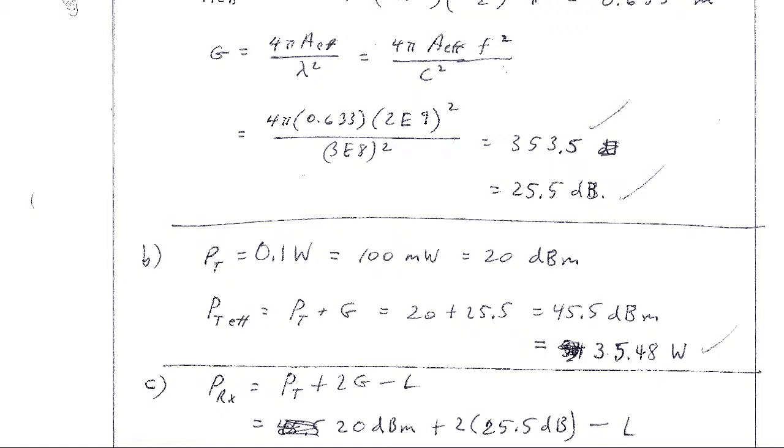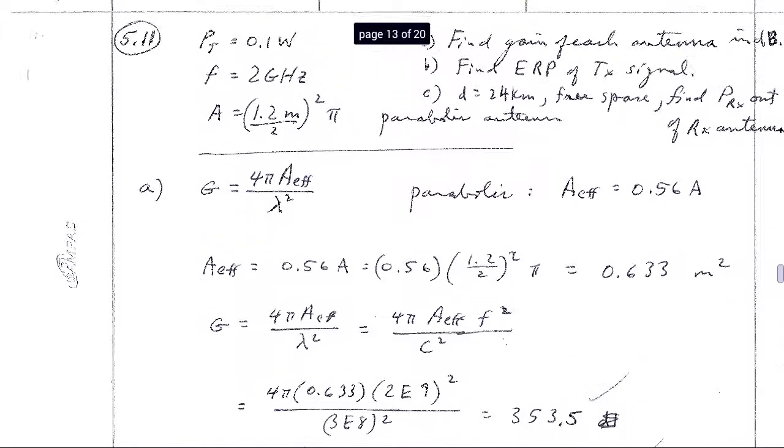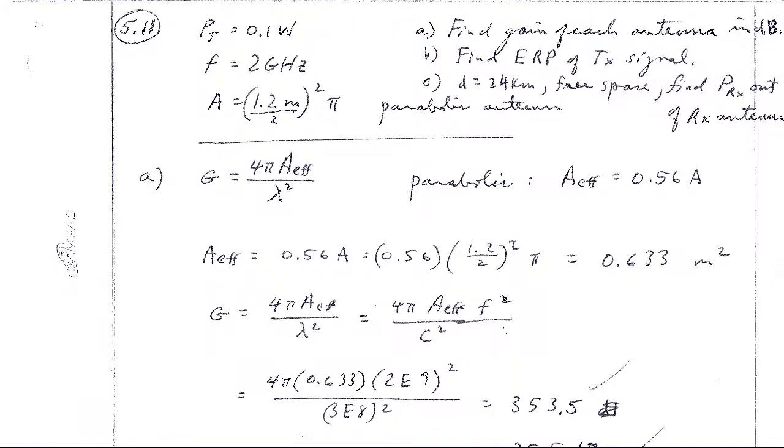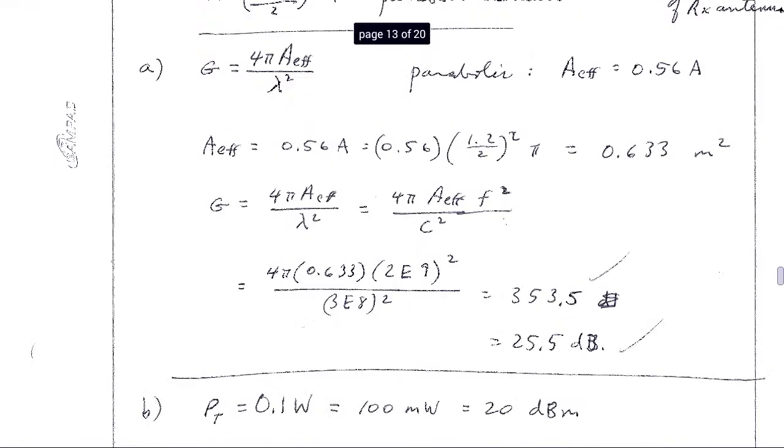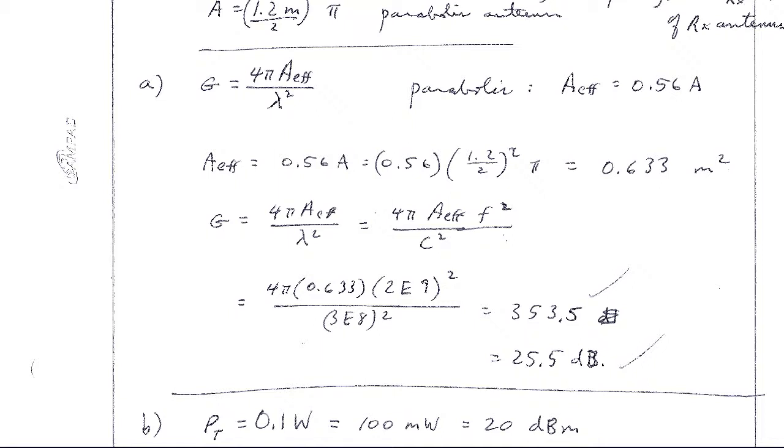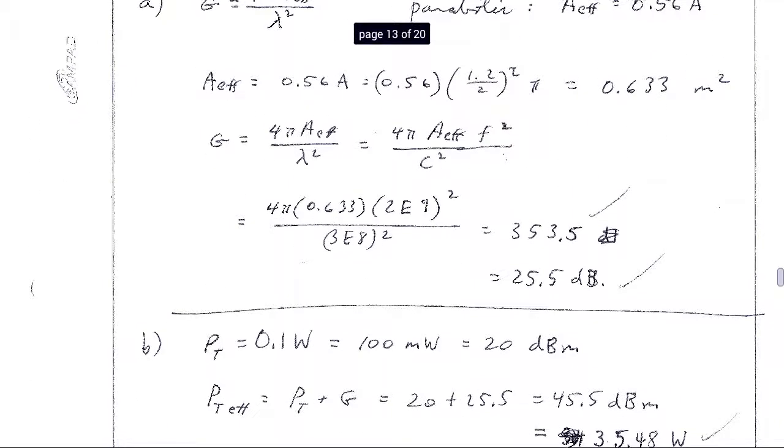And so although we're sending out just 0.1 watt, we're sending it out in only one direction. That is the direction given by the aim of the parabolic dish. And so the effective radiated power is much higher.